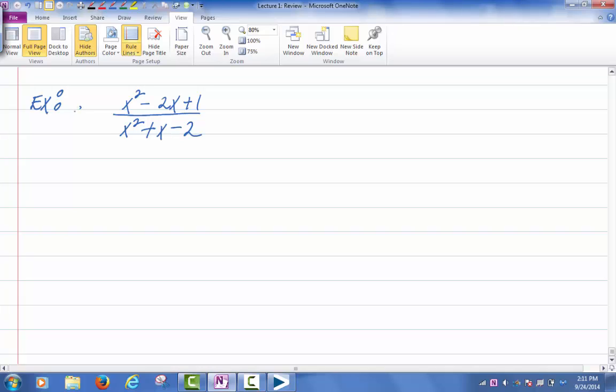And let's call this function g of x. And the question is, find the horizontal asymptotes and the vertical asymptotes of g. So what are the horizontal asymptotes and what are the vertical asymptotes of this function?